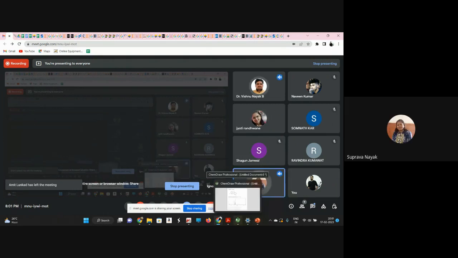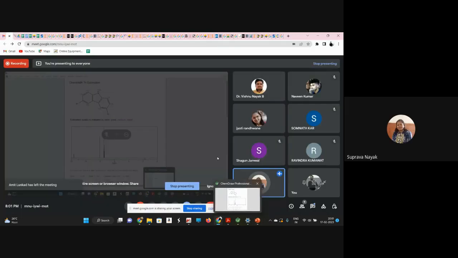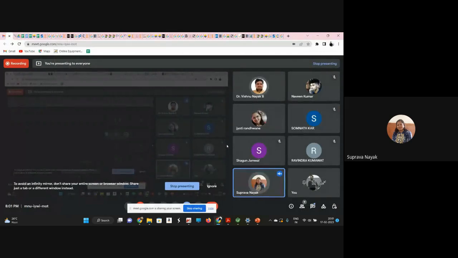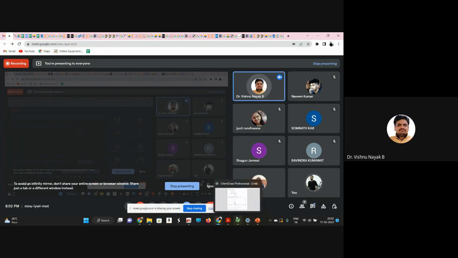I have one doubt: if we want to plot the graphical representation of inhibition for a non-competitive inhibitor, what should be the nature of the graph? Competitive, non-competitive, and uncompetitive.